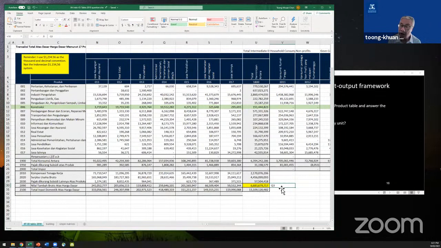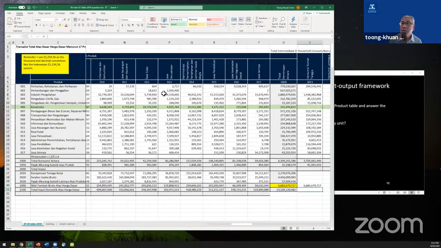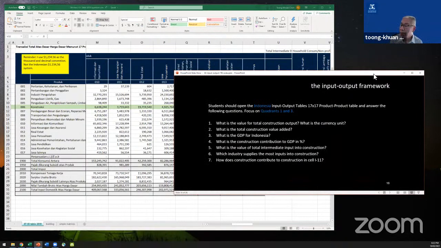Because that is nilai tambah bruto of all. If you don't believe me, you can do sum of 17. Okay, this is the sum of all the nilai tambah bruto. So that is your GDP Indonesia. That is your question 3, GDP for Indonesia 2010. Can you see how GDP is calculated now?